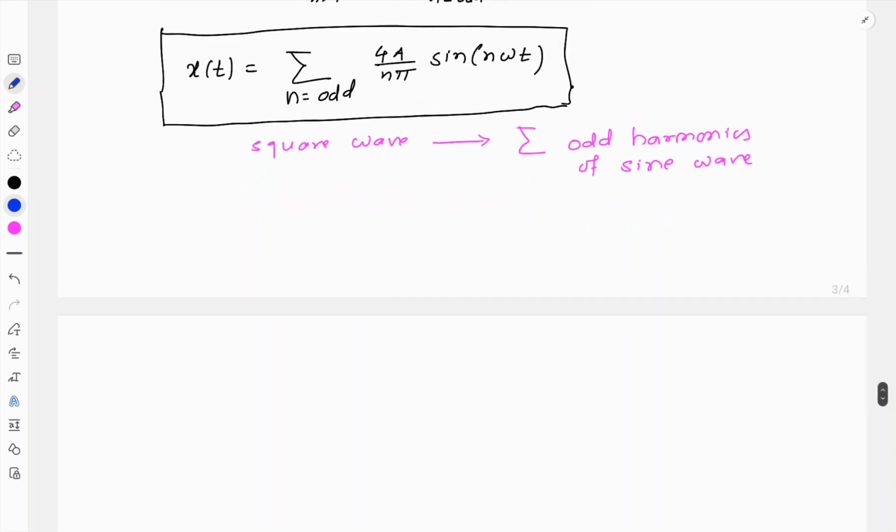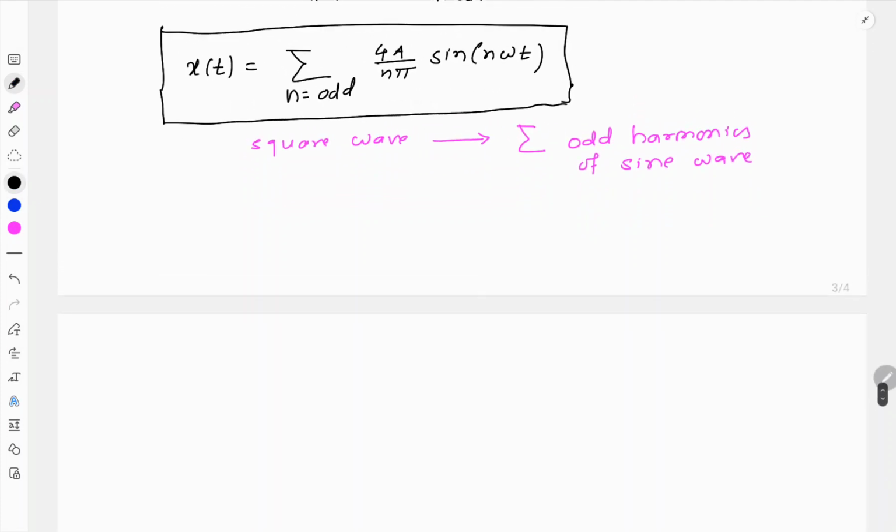To plot the magnitude and phase spectrum, first of all we'll represent this x of t in expanded form. So x of t is given as n equal to odd. Let us start with the odd values, so let's say n equal to 1.